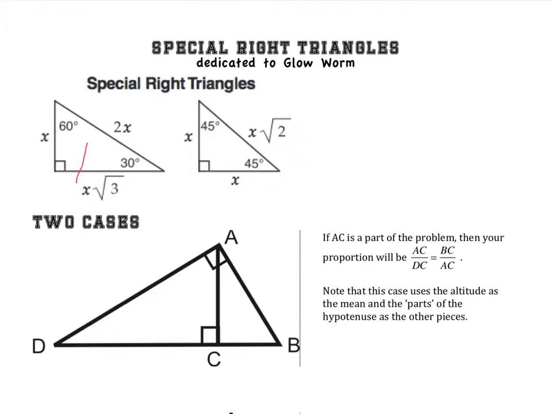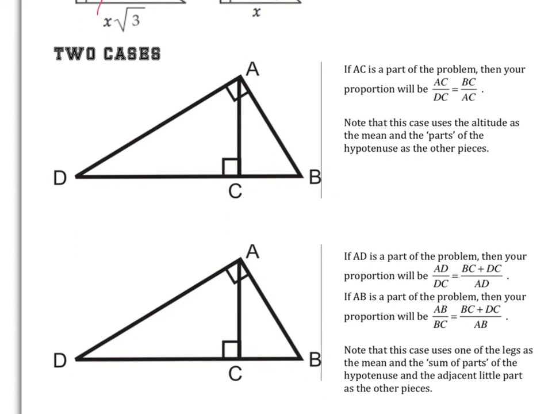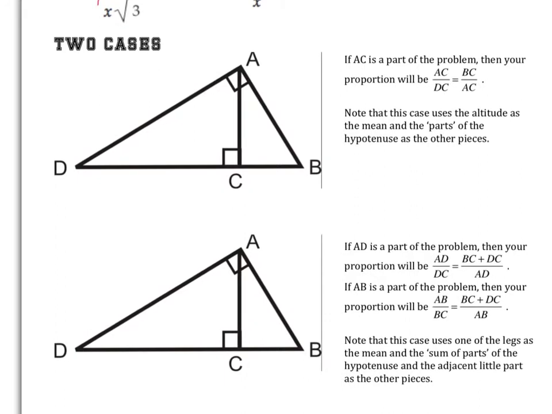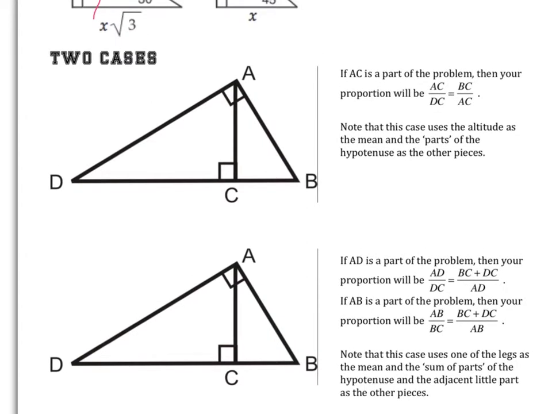the problems that are like these, and there are two cases for these. I wrote them up like this because I couldn't draw on the picture when I was creating the document for you. But this first case, case number 1, is where you're given the altitude as a part of the problem. And let's just say that these were little a and little b.